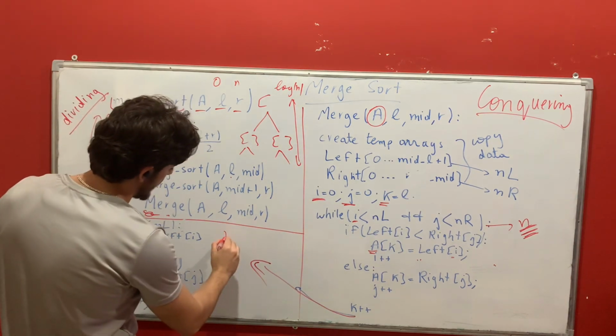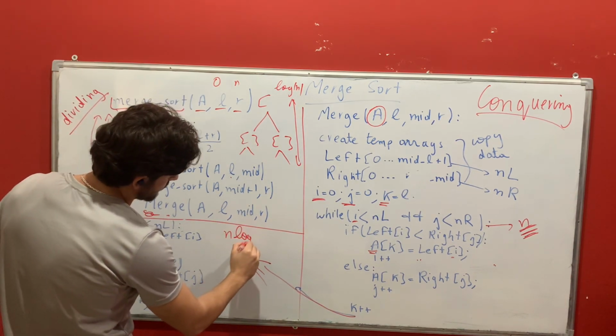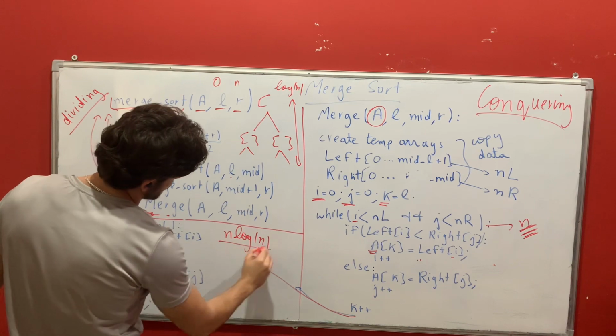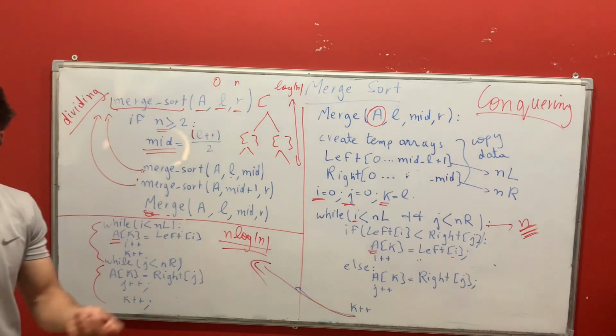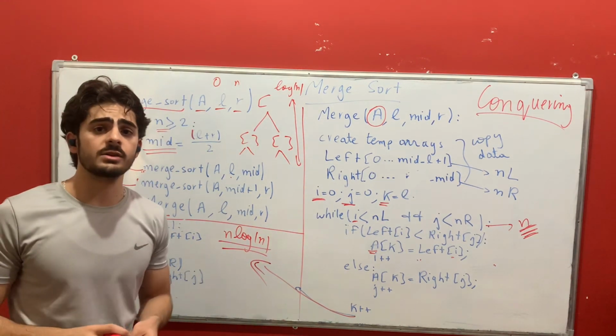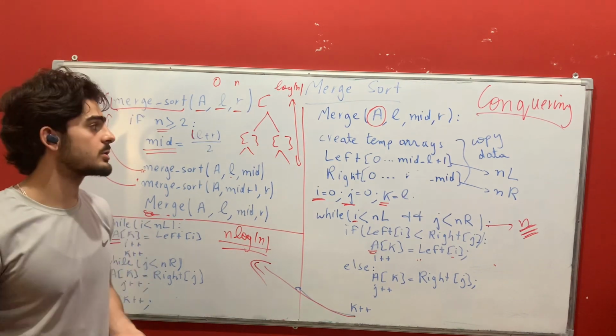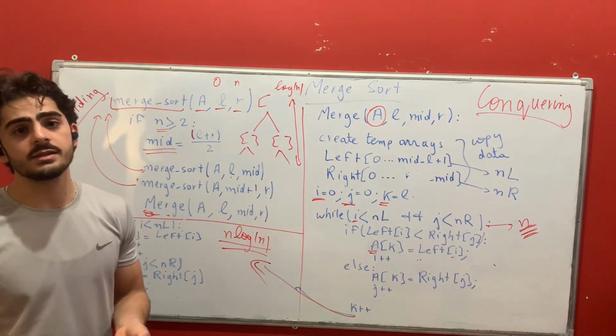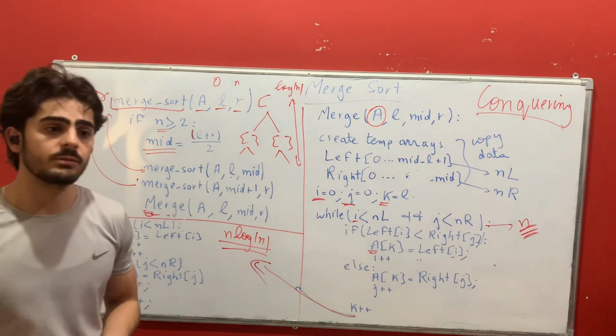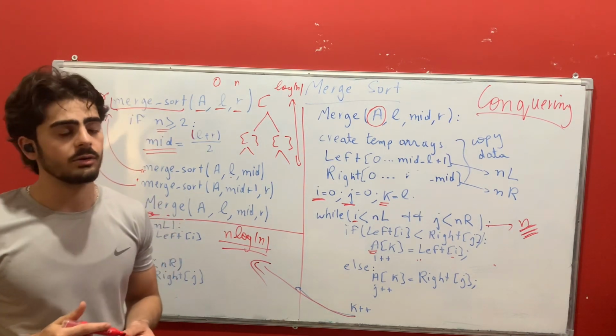We will have n log n. And this doesn't change even though the array is completely sorted, because we would have to divide it anyway, since we don't know if it's sorted unless you have made an algorithm to check first if it's sorted or not.